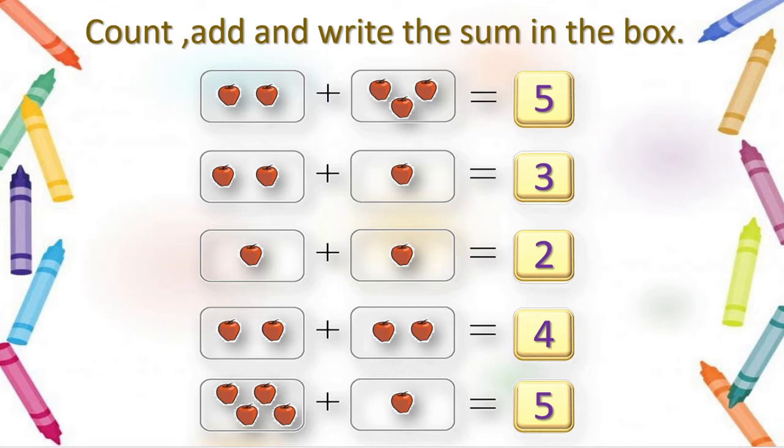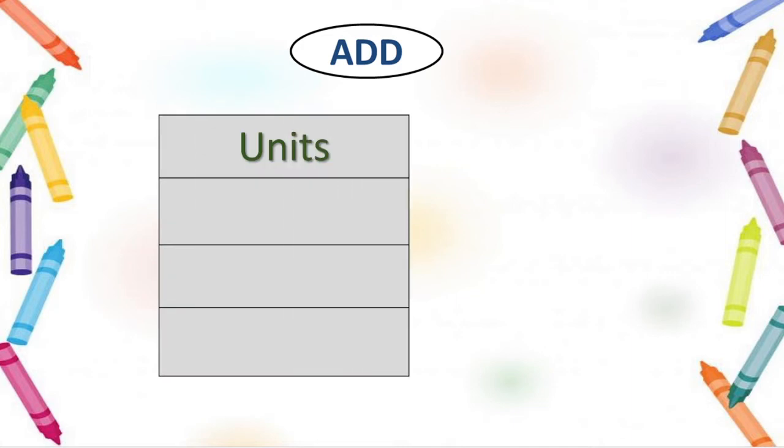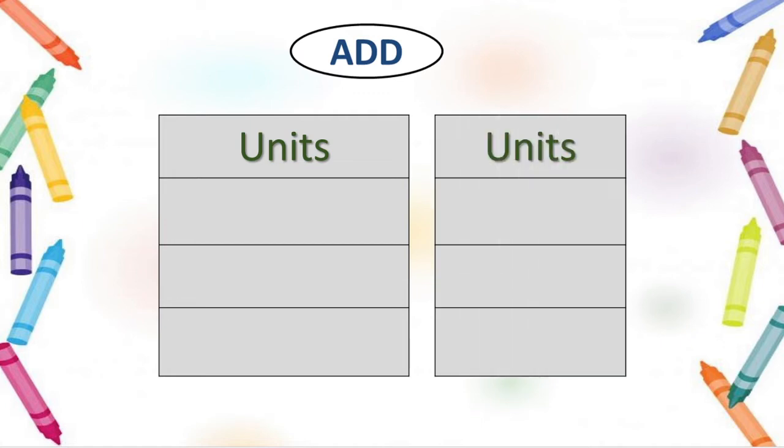Correct? Okay. Now we will proceed to our next step, that is add. Here you can see the units column. Two columns we have made here of units. In one we will draw the objects and in one we will write the numbers. First one, units column.